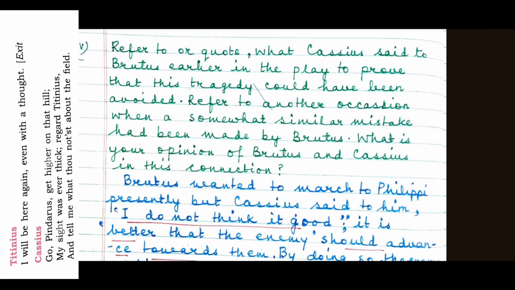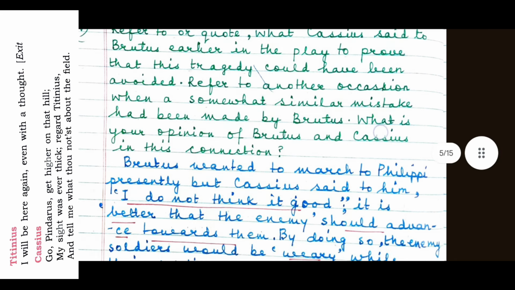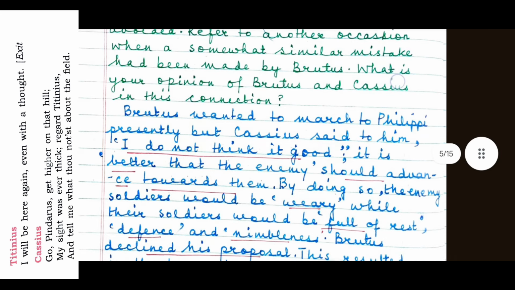So we'll have to mention 2 occasions when a somewhat similar mistake had been made by Brutus. What is your opinion of Brutus and Cassius in this connection? So 3 subparts. First example, first situation.